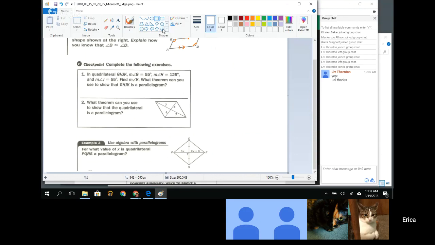So I am actually going to draw a shape that looks like this.